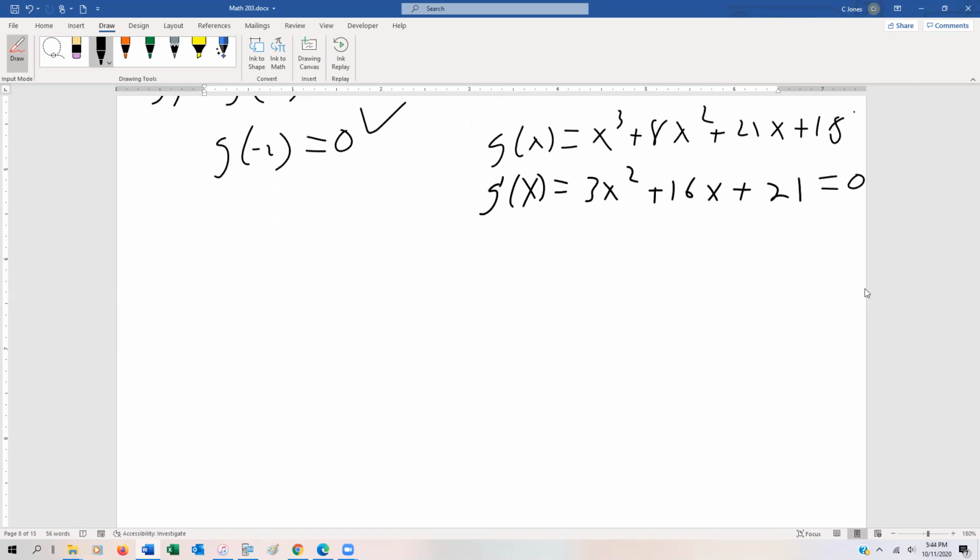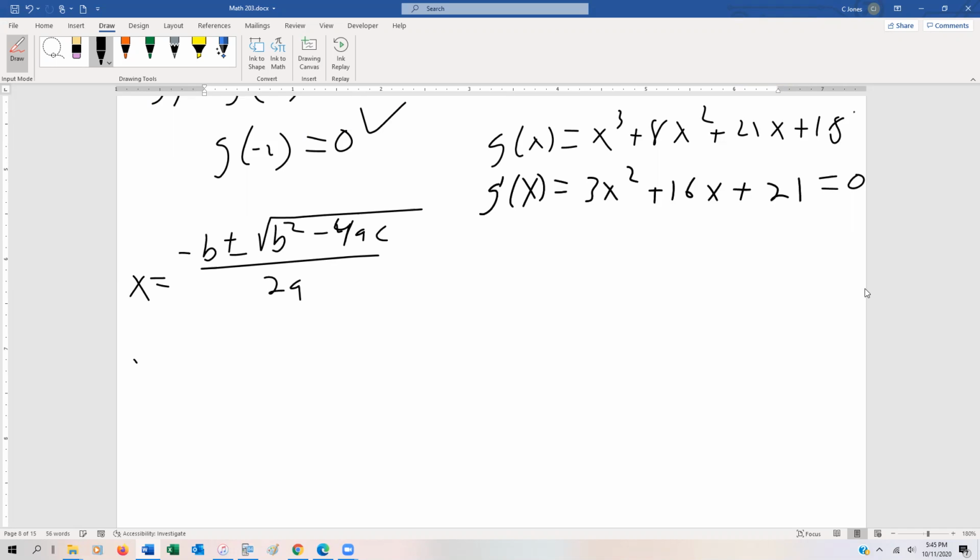Let's use the quadratic formula first, because I think a lot of our students would probably use the quadratic formula because they look at this and just don't want to tool around with the right numbers. So remember our quadratic formula: negative b plus or minus the square root of b squared minus 4ac, divided by 2a.